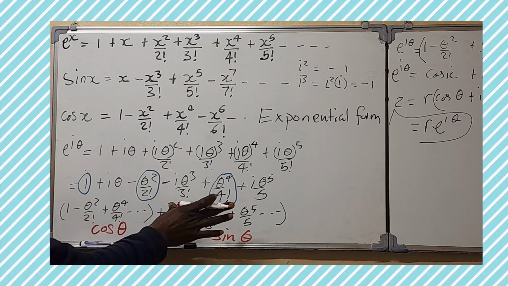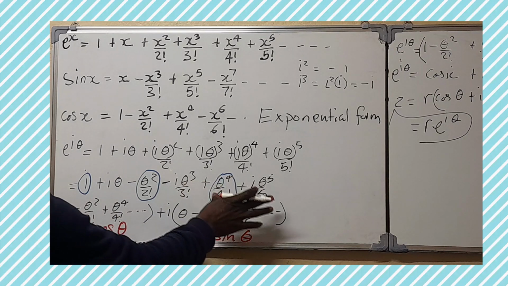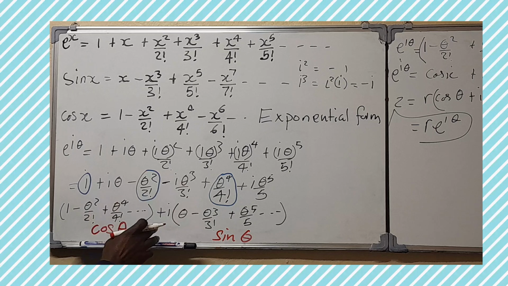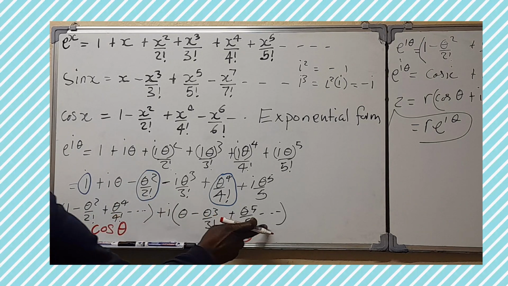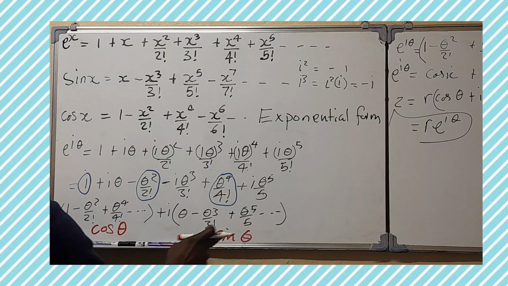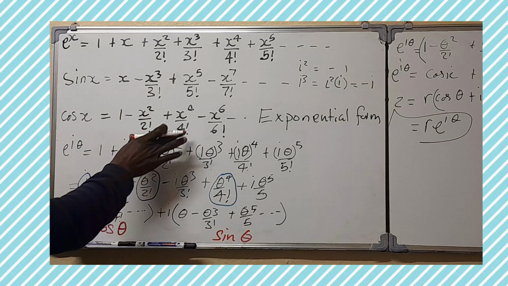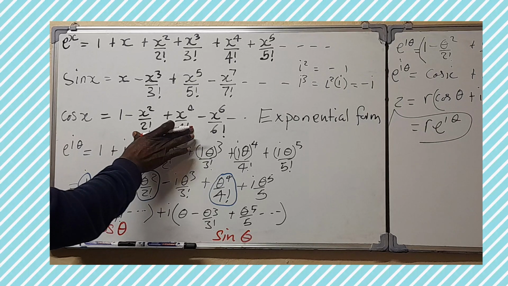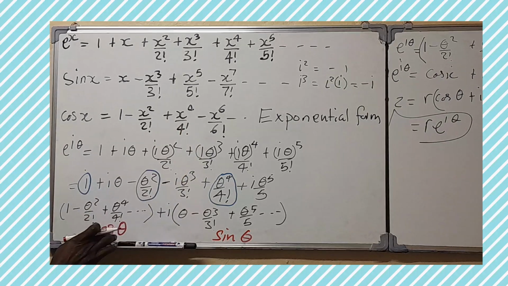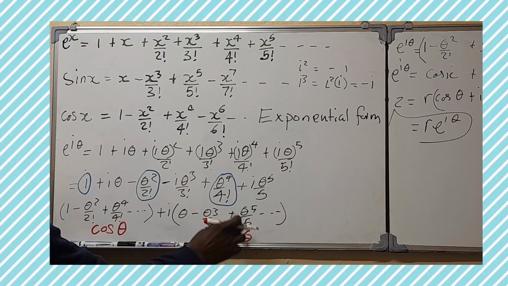Then we found that there are some terms which are left with an I, and we grouped them together. Of course, all of them are multiplied by I, so here they are inside this bracket here. Now, when you compare this first bracket here with this, it's exactly the same thing. So this must be the expansion of cos of theta. And this similarly must be the expansion of sine of theta.